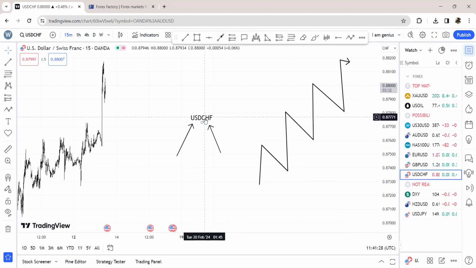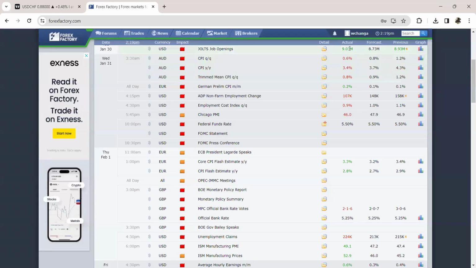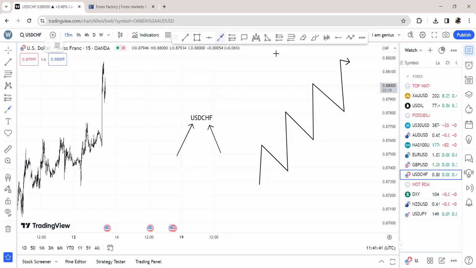Now, if there's any news release on CHF and that news release is positive, by positive I just mean that when you come to the actual, it is green, it means that on this chart it is going to push the market downwards, into a downtrend.